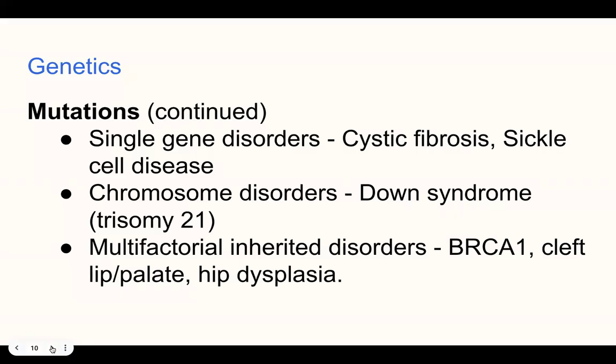It's interesting to note that these really are inherited disorders. My sister was born with hip dysplasia and had to have it corrected at Shriners Hospital. And then her daughter, not her sons, her daughter was also born with hip dysplasia, and she had to be in a spica cast as a child.